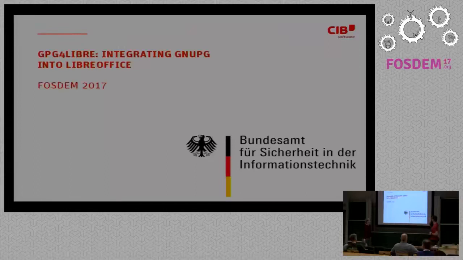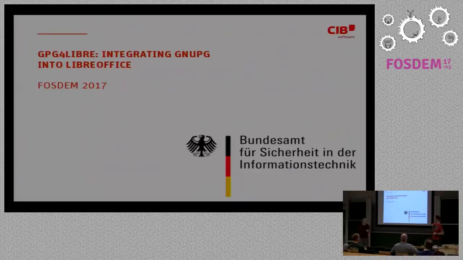Right. So this is about something that we just started to do. The project's called GPG for Libre. It's about integrating the new privacy guard into LibreOffice. This is all about document signing and document encryption based on public key cryptography using lots of cool stuff that's already out there.